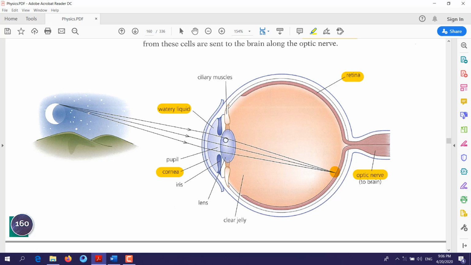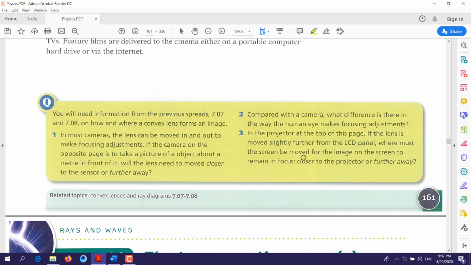We have this lens, but it will change its thickness. Sometimes it will be thicker, sometimes it will be thinner. So by changing its thickness, this is another way of adjusting the lens and making the image clear.